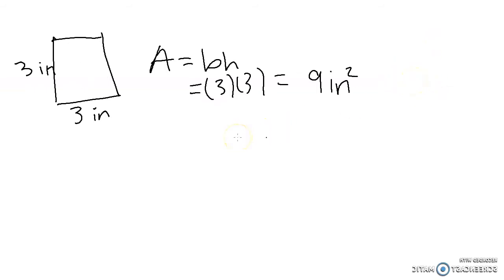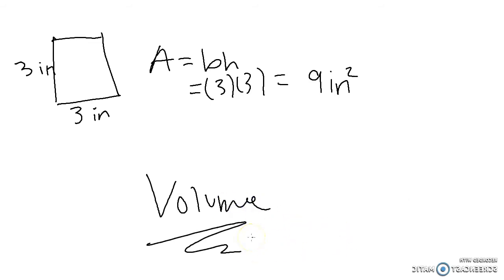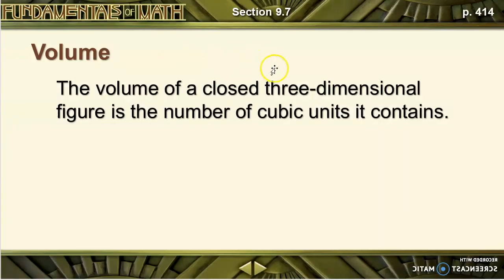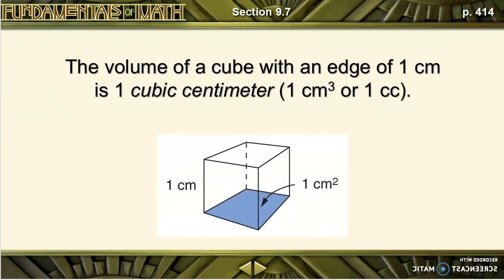Now, today we're going to be talking about volume, and volume is a little bit different. Terrible writing with this pad. So we need to get used to the differences between these things. If area was the space on the inside of two dimensions, volume is going to be the space on the inside of a three-dimensional figure.